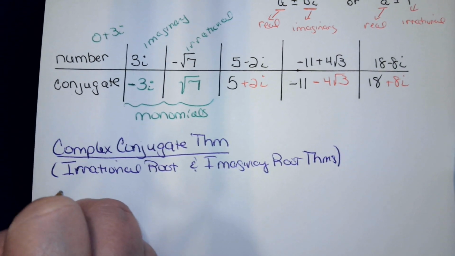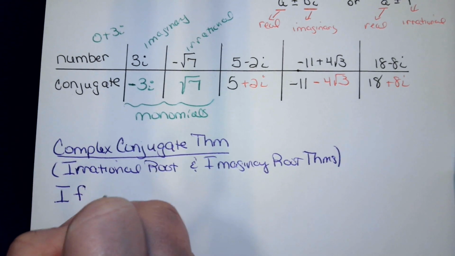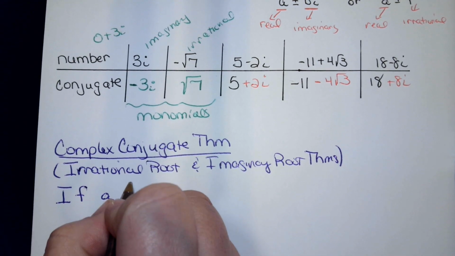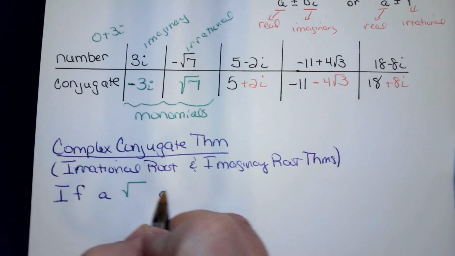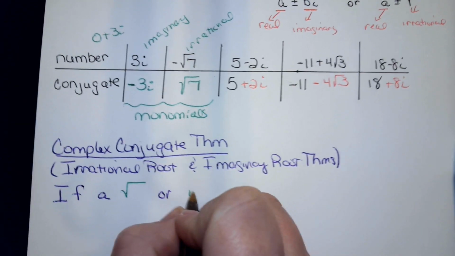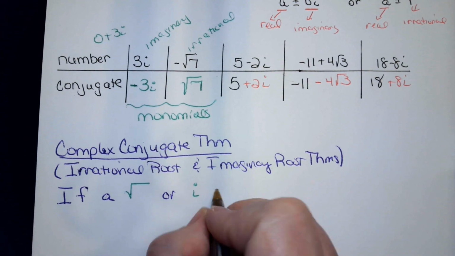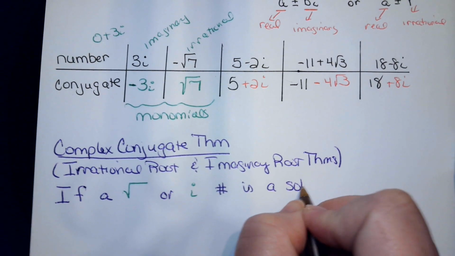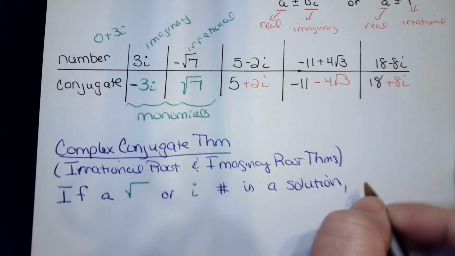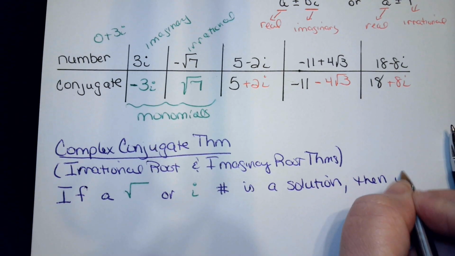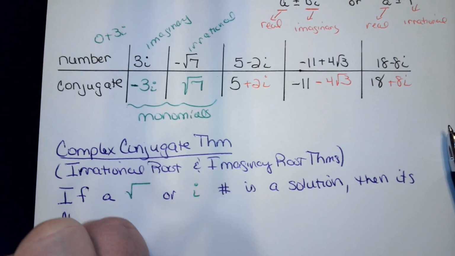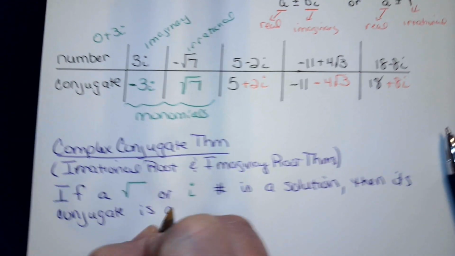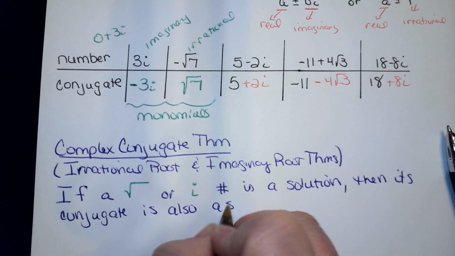These theorems state if an irrational or imaginary number is a solution, then its conjugate is also a solution.